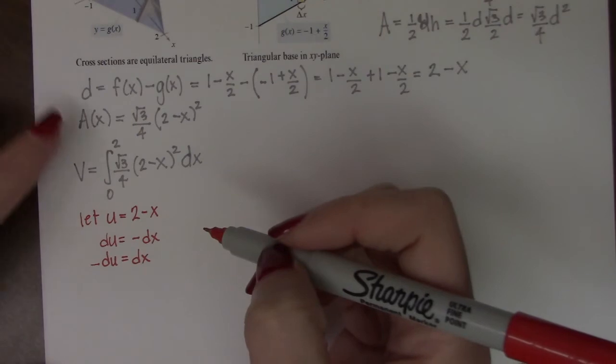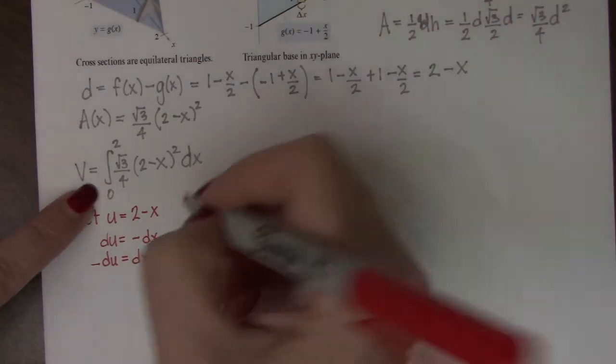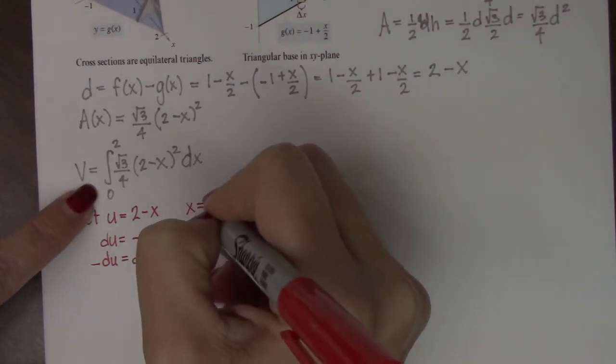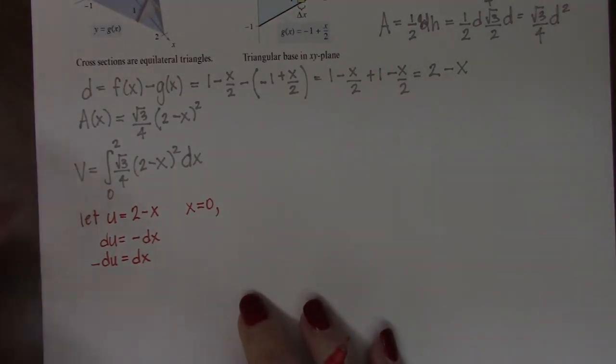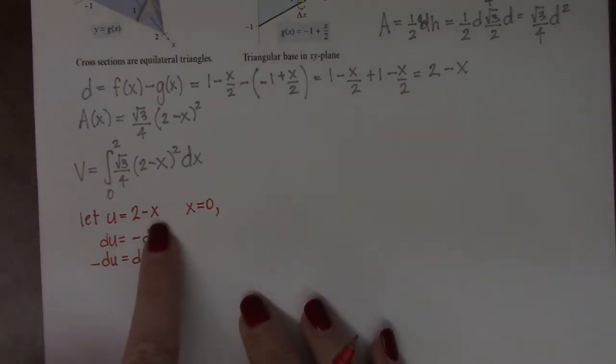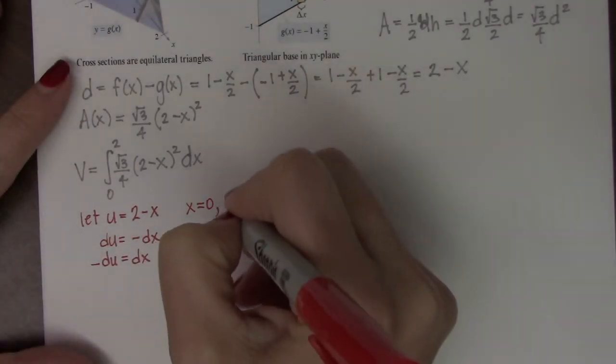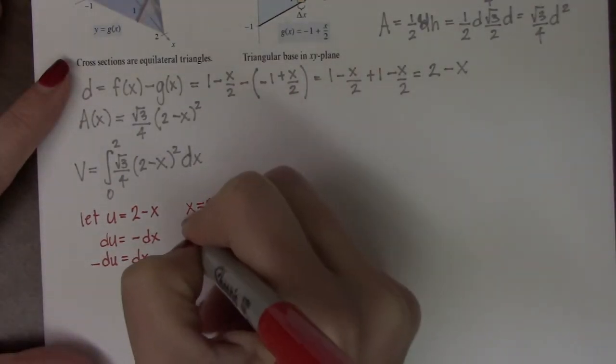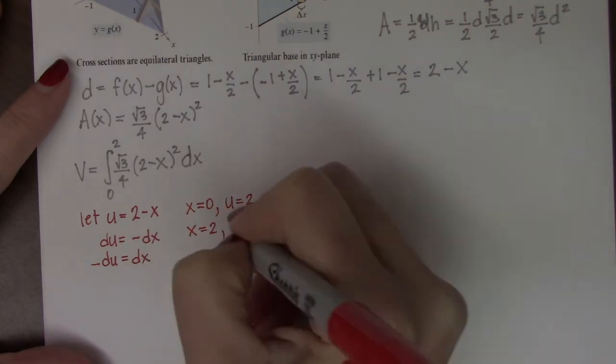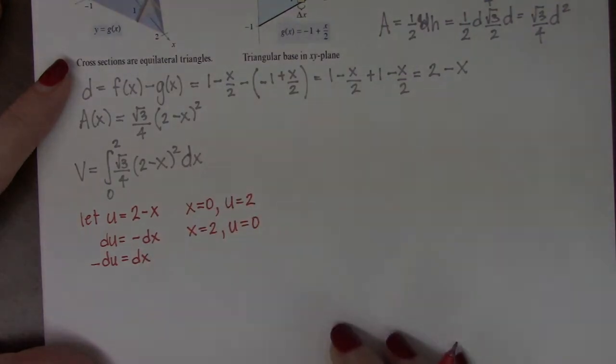So the way that we do that is we say, well, the first bound is x equals 0. So when x equals 0, you simply plug in 0 for x into this expression, and you'll see that u will come out to be 2. When x equals 2, u comes out to be 0.